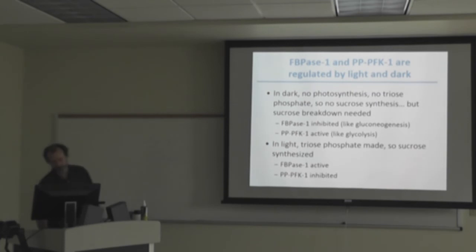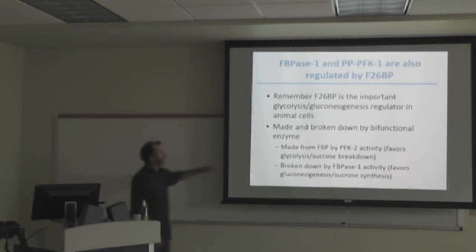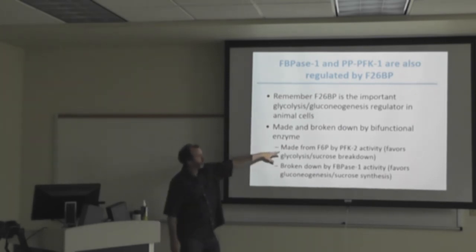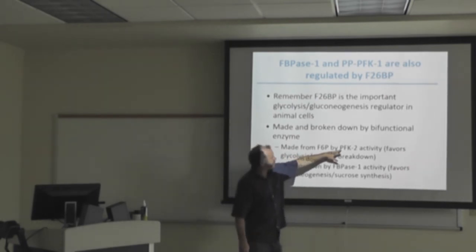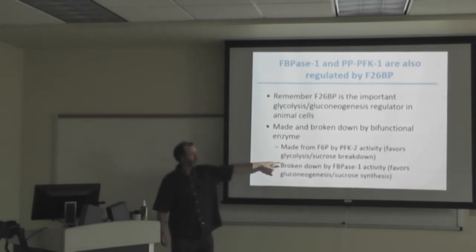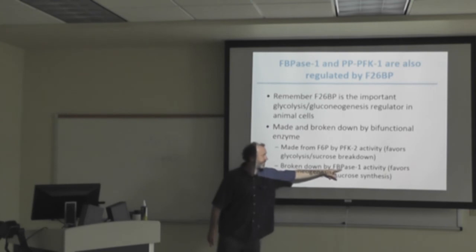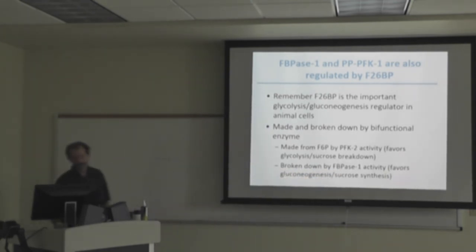So simple regulation there. You want to remember that fructose 2,6-bisphosphate is an important glycolysis and gluconeogenesis regulator in animal cells, made and broken down by a bifunctional enzyme. It is made from fructose 6-phosphate by phosphofructokinase 2 activity, which favors glycolysis and sucrose breakdown, and broken down by fructose bisphosphatase 2 activity, which favors gluconeogenesis or sucrose synthesis.